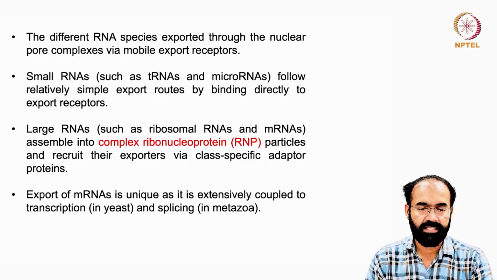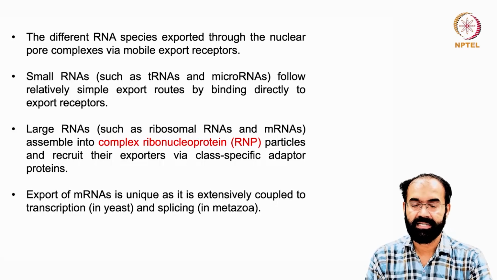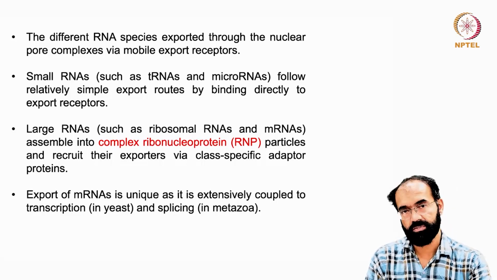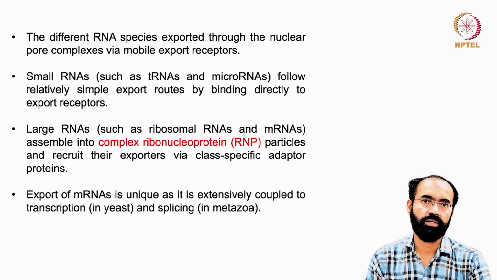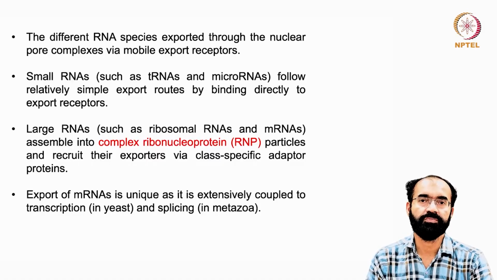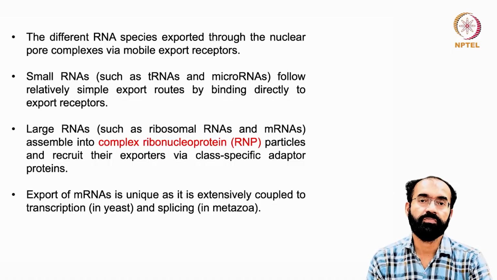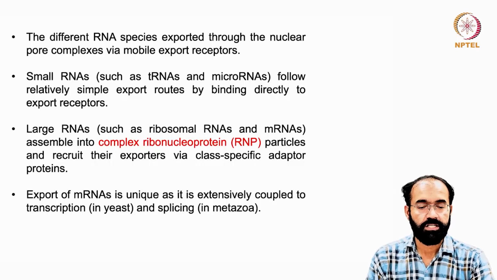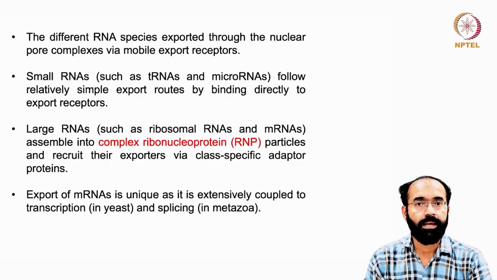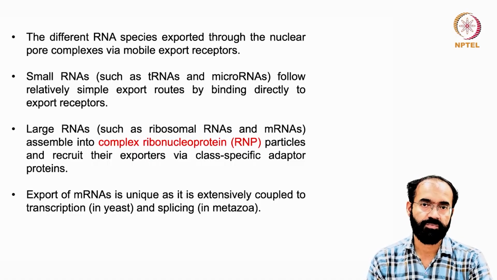And we were here in the previous class, discussing the nuclear export and nuclear import of various RNA cargo into and out of the nucleus. The mRNAs follow a different strategy, a different track, unlike the rest of the RNA, which depends on the RAN GTPase cycle.